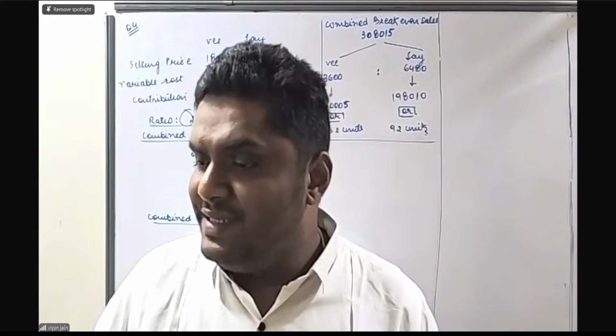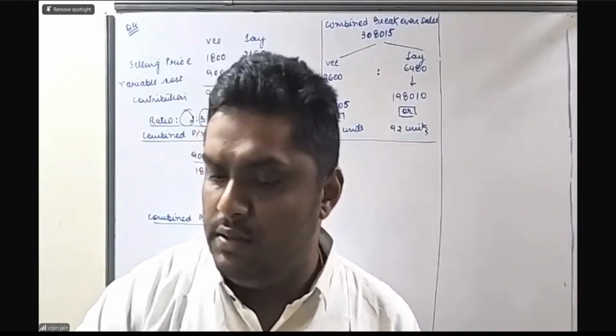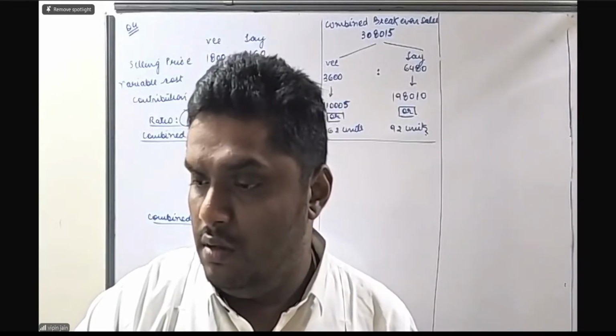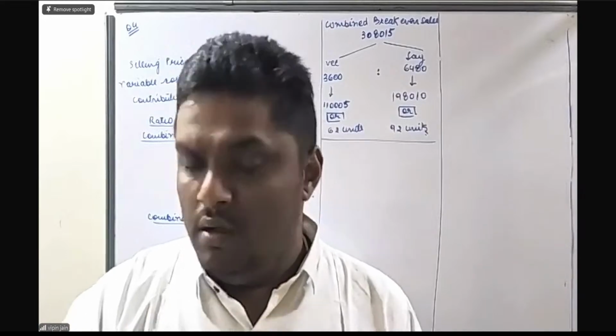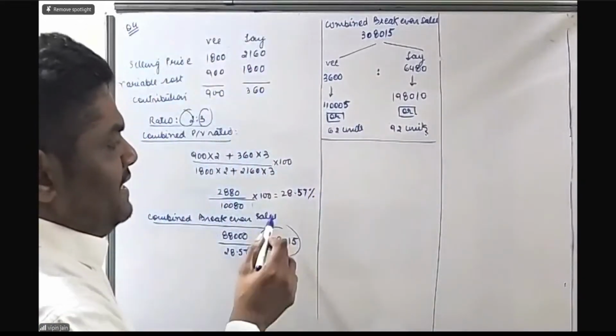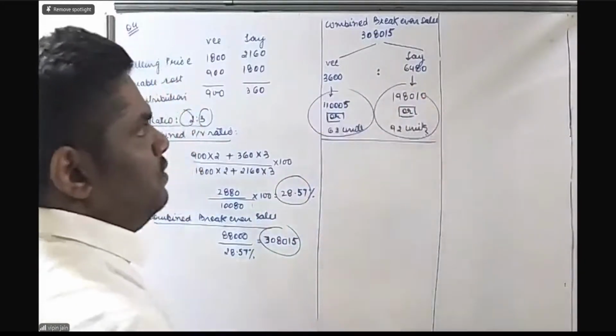I hope this part is clear to all. Yes, Swati, Shoaib, Kavita, Mallu, Srinivas, Miss Aradhana. So herein we have calculated the break-even sales also, combined PV ratio also, individual break-even sales also.